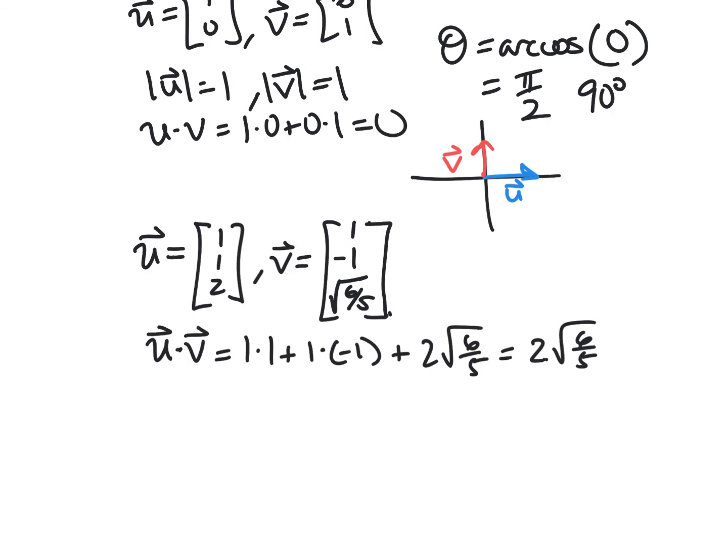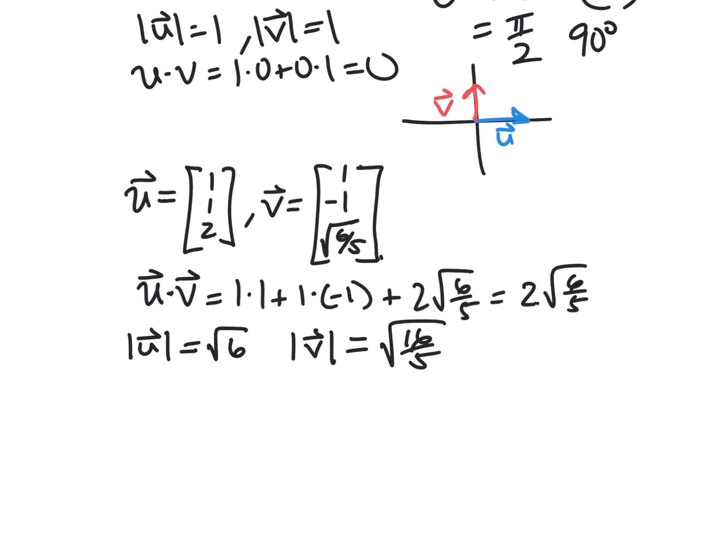So for the length of u, we have 1 plus 1 plus 4, the squares of each of those, all under the square root, so square root of 6. And the length of v is going to be 1 plus 1 plus 6/5, which is 16/5, again, under the square root. Okay, so we end up with arc cosine of something that apparently looks terrible, but we'll see it's actually not that bad.